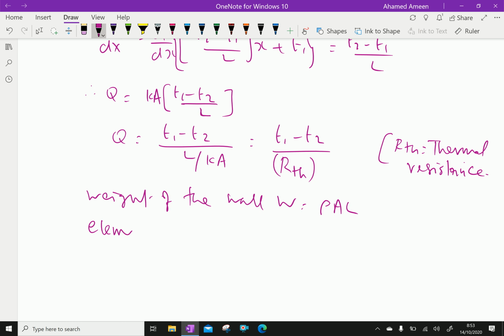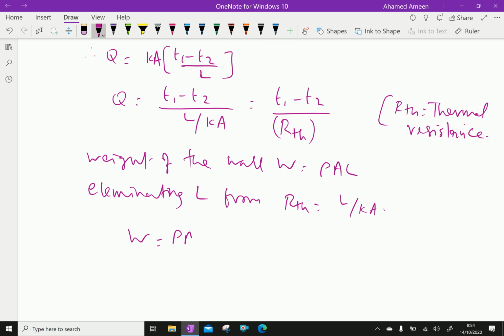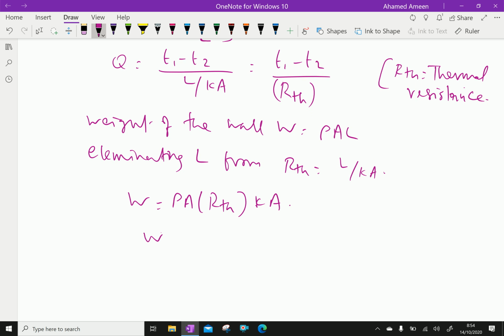Eliminating L from the equation R thermal equals L by K A, we get W equals rho A into R thermal into K A, so W equals rho K A square into R thermal of conduction.